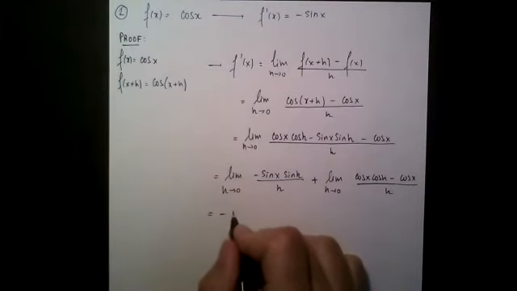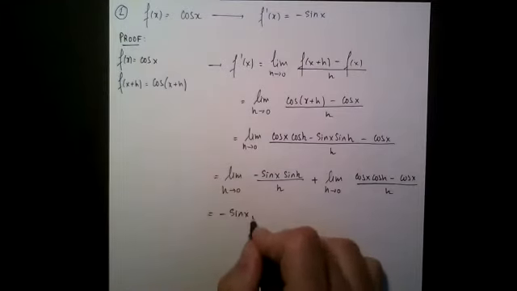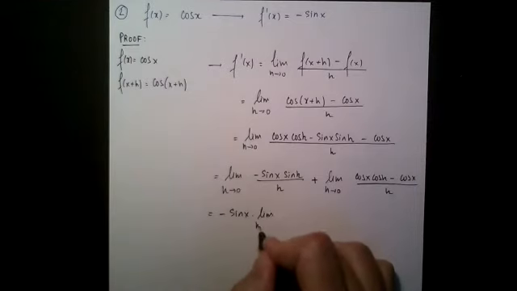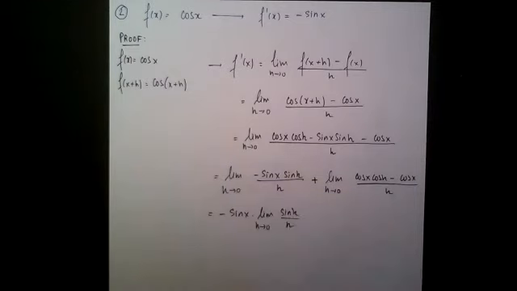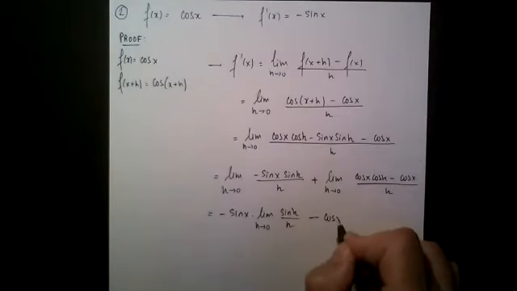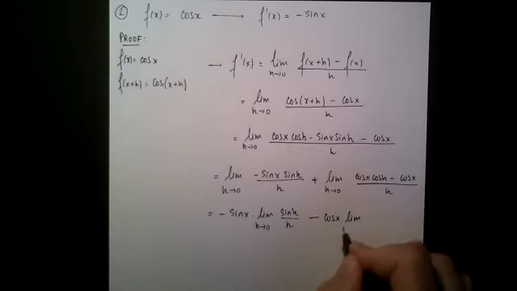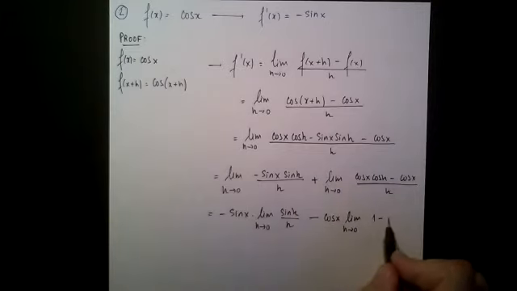Okay, so let's go minus sine x times the limit as h approaches 0 of sine h over h. And here I'm going to do like before, but now I'm going to pull out minus cos. And what's inside now? 1 minus cos h over h.